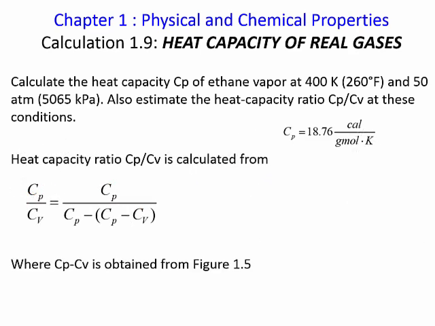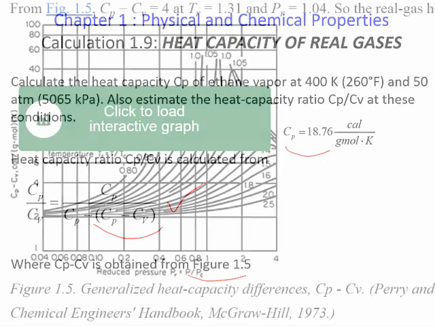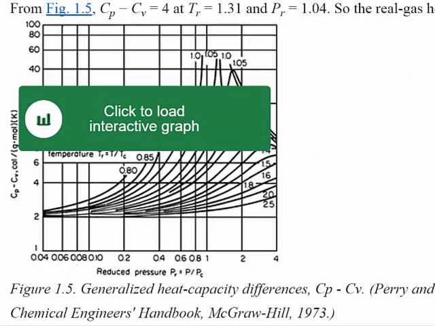The heat capacity ratio is given by this equation where Cp value has already been found and the Cp minus Cv can be found from the chart in figure 1.5. Let's use the chart in figure 1.5 to find a value for Cp minus Cv.